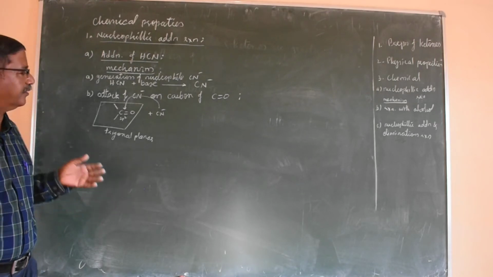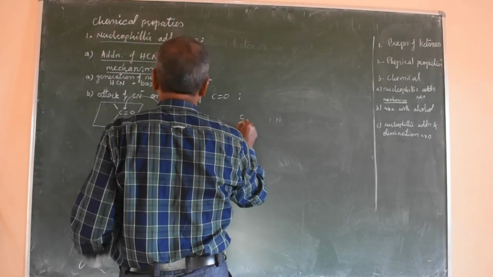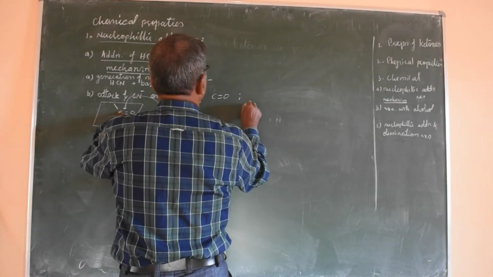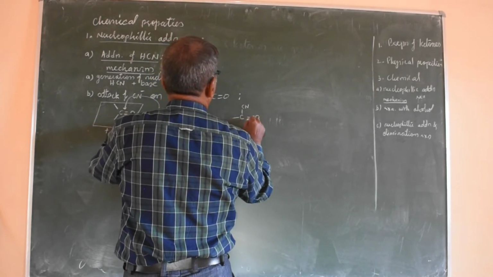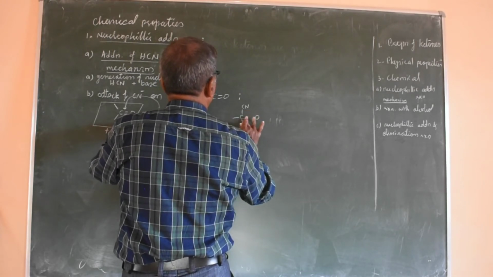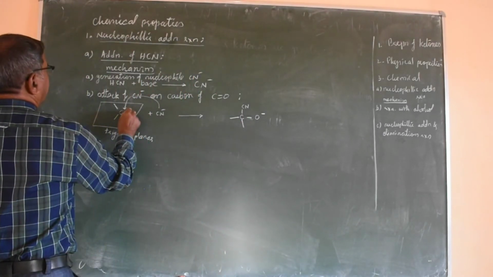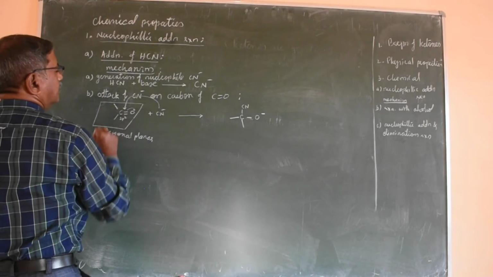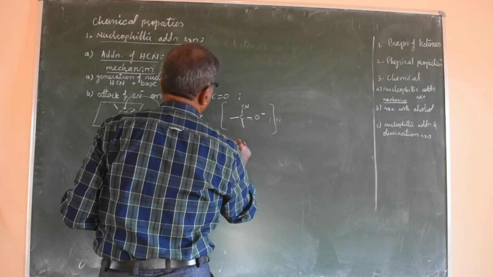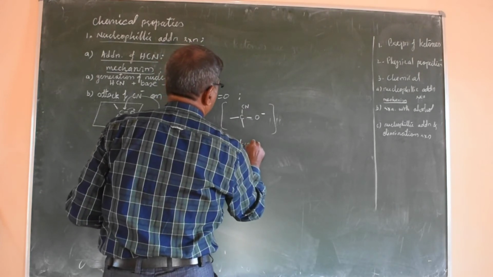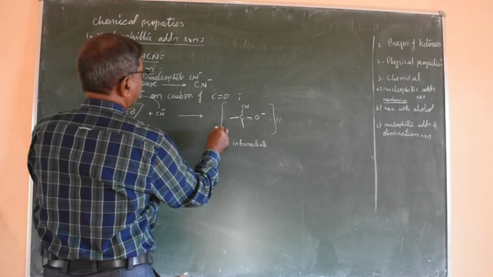To form the intermediate, I am writing here CN minus changes to CN, and now it is double bond O changed to O minus, because of the shifting of the electrons. It is an intermediate, and its geometry is tetrahedral.